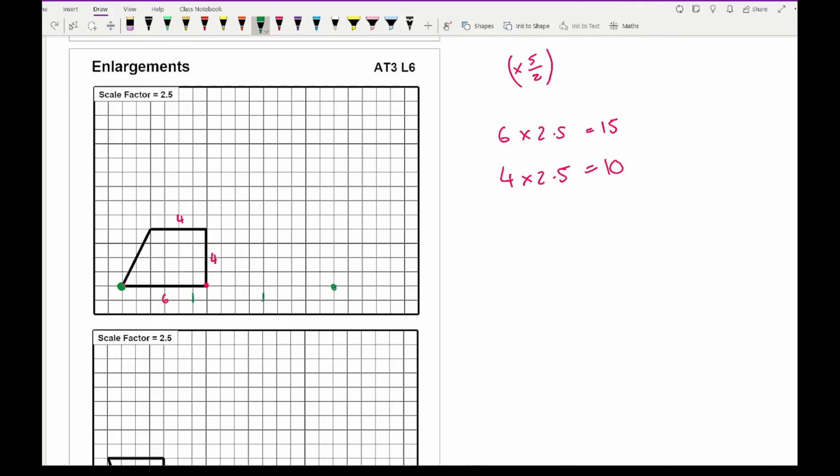So that's going to be there. And then I'm going to go up 10 squares. So that's 5 and another 5, which is there. And then I need to go another 10. So that's 4, 10 is there, and then join those points up, in which again I'm going to use my straight edge to do that correctly.